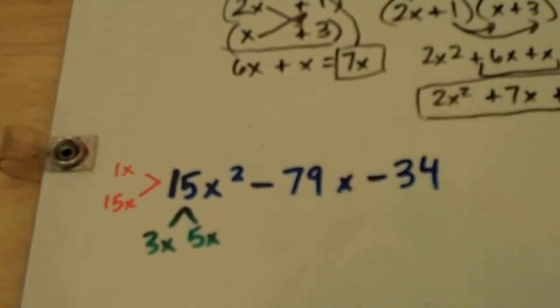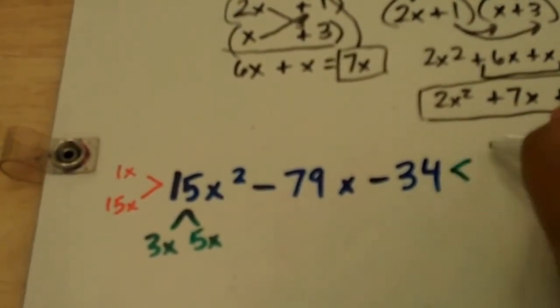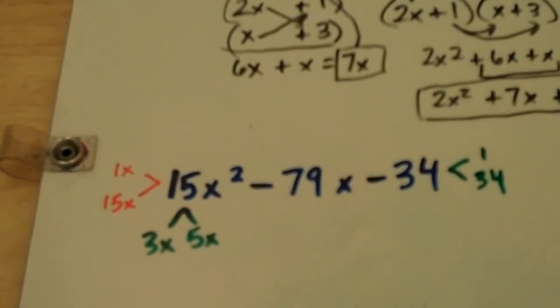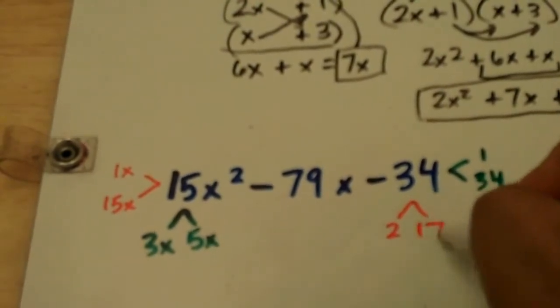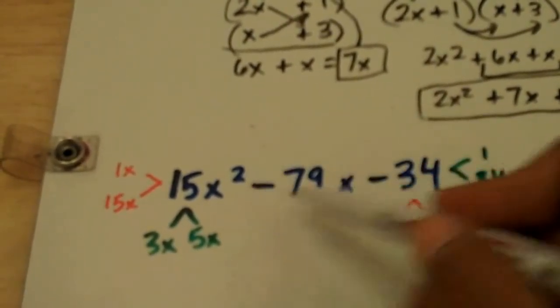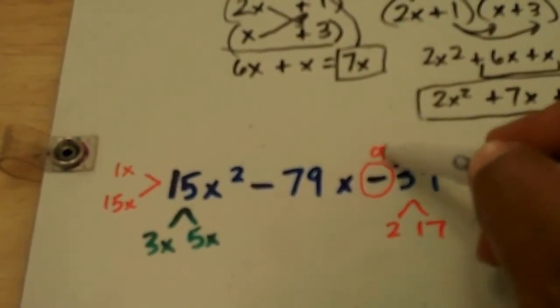Now we have 34. The least one I would use would be 1 and 34. 34 is divisible by 2, so you can also use 2 and 17. If we look at the sign, this is negative, so that tells us it's going to be opposite signs.